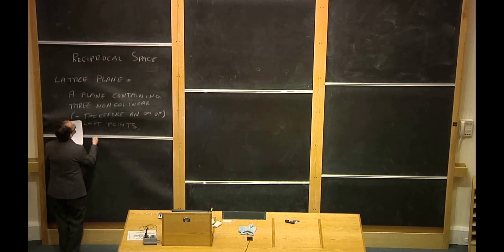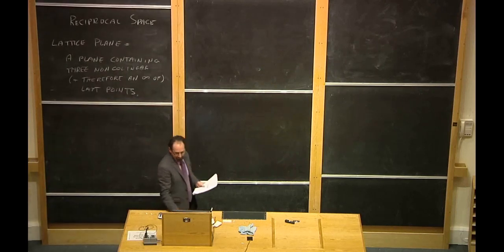Okay, so a lattice plane is a plane containing three non-collinear and therefore an infinite number of lattice points.